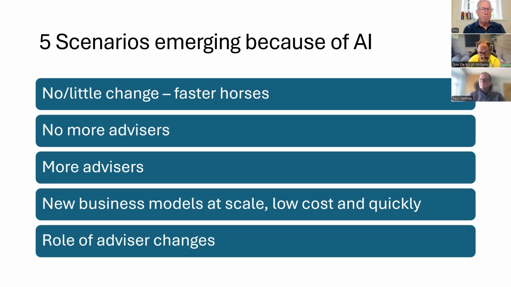And the fifth scenario is an interesting one, and I think this is already starting to happen, where the role of a financial advisor starts to evolve and change. With people living longer, the role of advisor is going to change, and we're going to start seeing advisors that have got a foot in the financial planning camp and a foot in the coaching and life coaching camp.